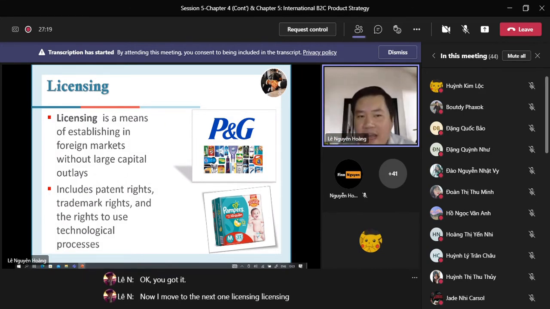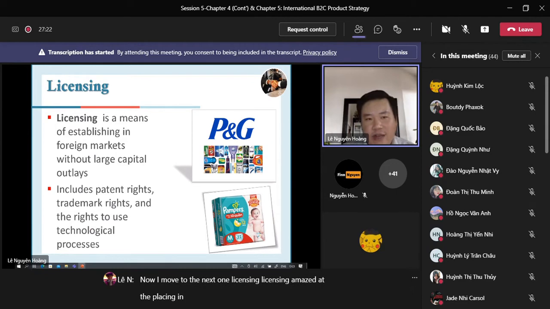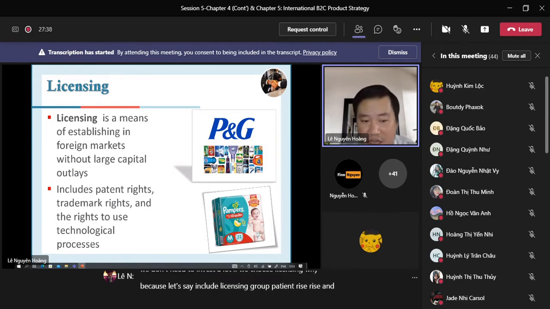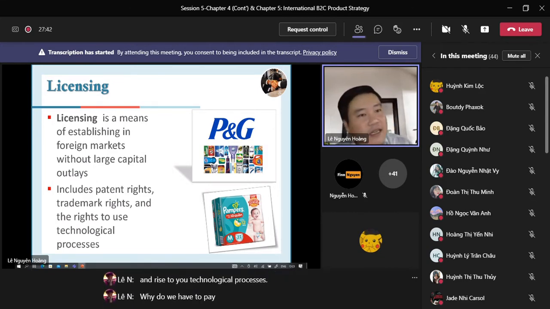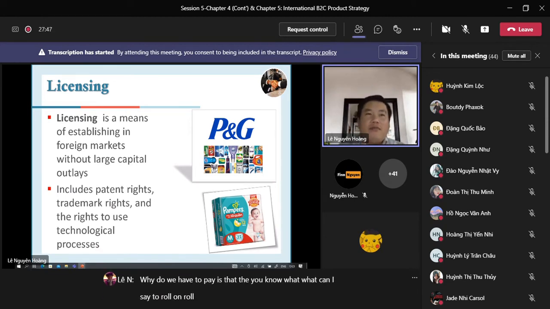Licensing is a means of establishing in foreign markets without large capital outlays. We don't need to invest a lot if we choose licensing. Why? Because licensing includes patent rights, trademark rights, and the rights to use technological processes. What we have to pay is the royalties to the licensor.